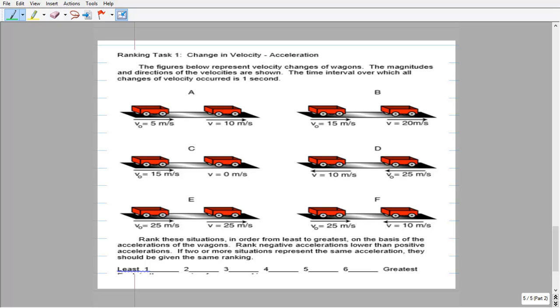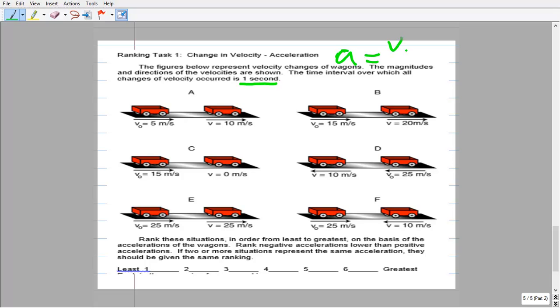Again, acceleration is a change in velocity over a change in time. All these cars, all these wagons are changing velocity, and of course, that occurs over time. The time, notice, is all 1 second. So our acceleration equation is acceleration equals change in velocity.